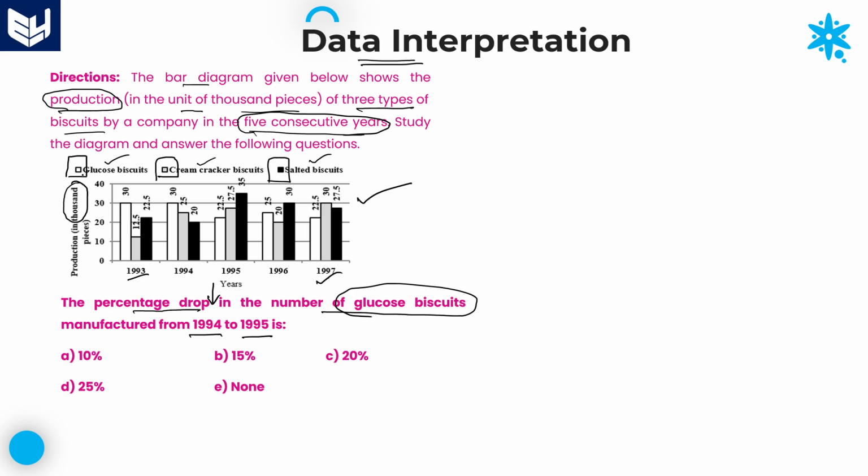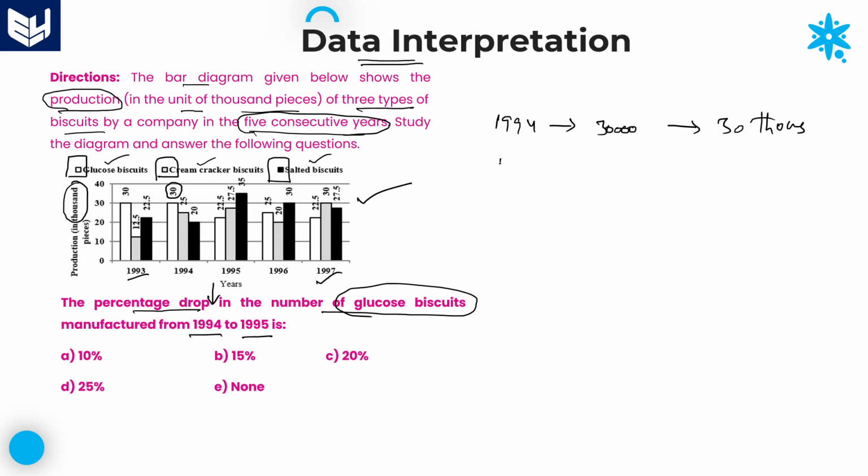Glucose biscuits means the first one. In 1994, glucose biscuits are 30,000. No need of writing thousands, but you just take it as 30. While you are solving the problem, better to take 30.